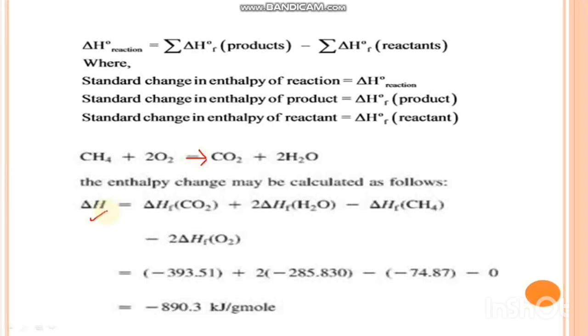Now, carbon dioxide and water are products, methane and oxygen are reactants.